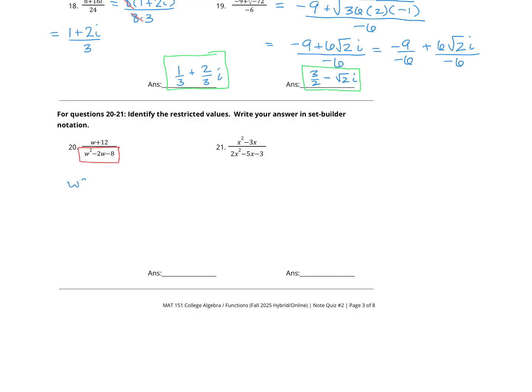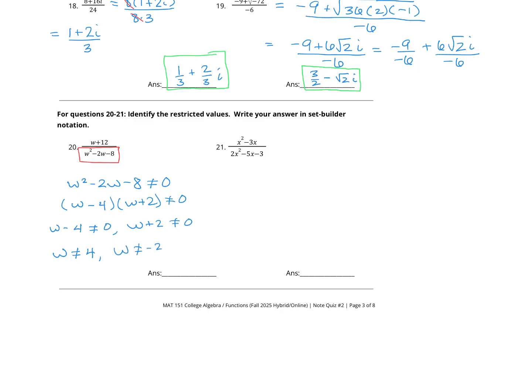So we're going to take w squared minus 2w minus 8, and set it not equal to 0. And then we can factor this as w minus 4 and w plus 2 is not 0. And then we can set each of these factors not equal to 0. So w cannot be 4, and w cannot equal negative 2.